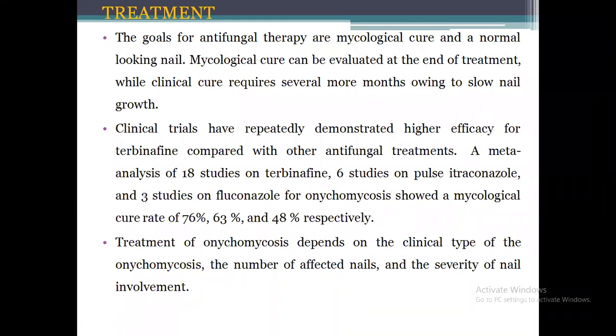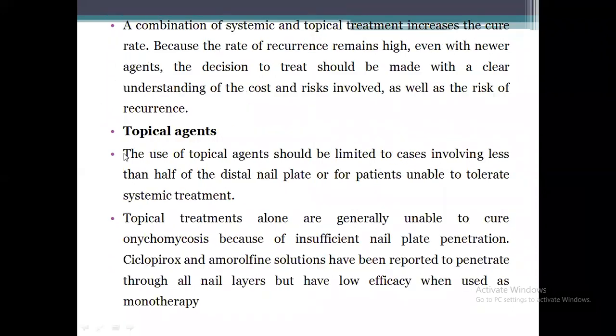Treatment of onychomycosis depends on the clinical type of onychomycosis, the number of affected nails, and the severity of the nail involvement. We have 2 options for the treatment, both systemic and topical, but as topical agents are very poor in penetrating to the nail bed and matrix, our first choice is systemic treatment.